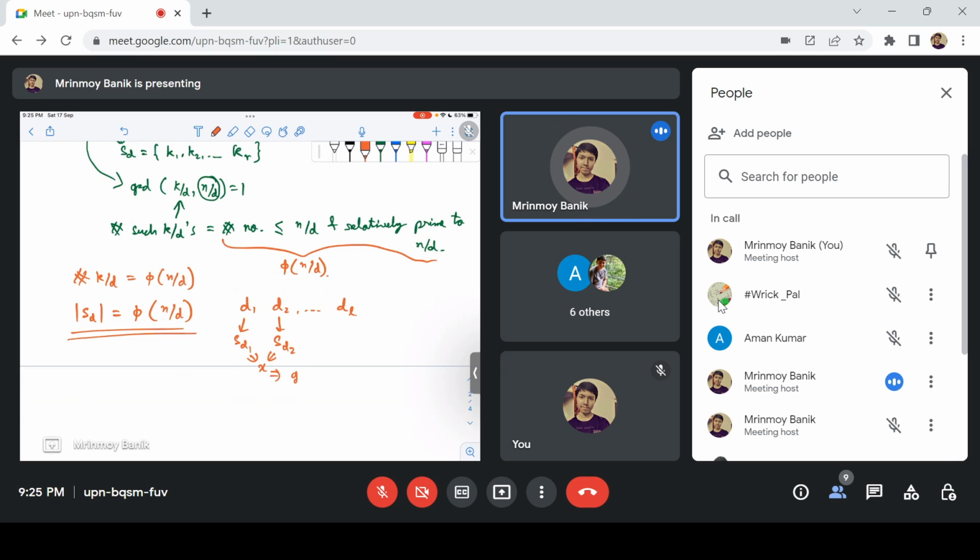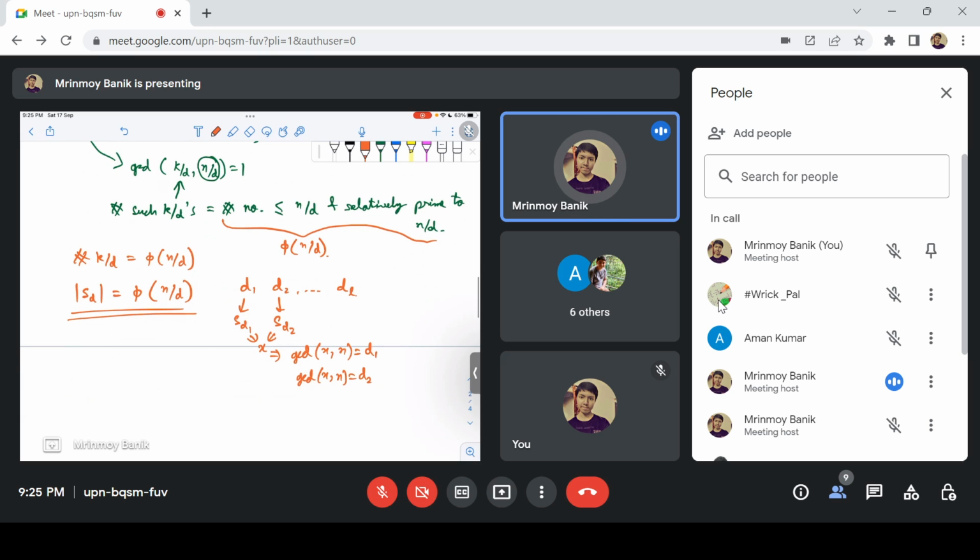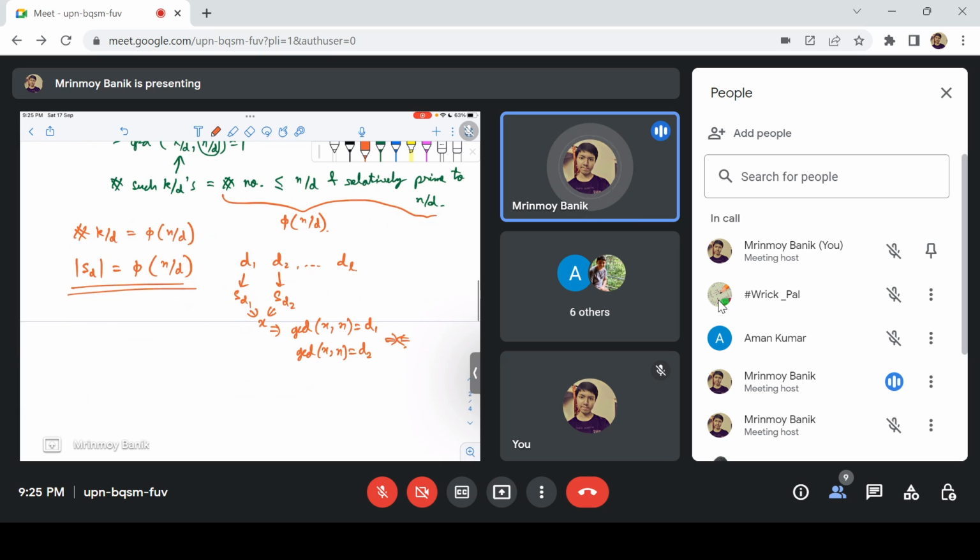That implies GCD of x and n is d1 and d2 at the same time, since x is in both sets. That can't happen, that's a contradiction. GCD is unique and well defined, right? So these two sets are disjoint. S_d1 intersection S_d2 is the null set.